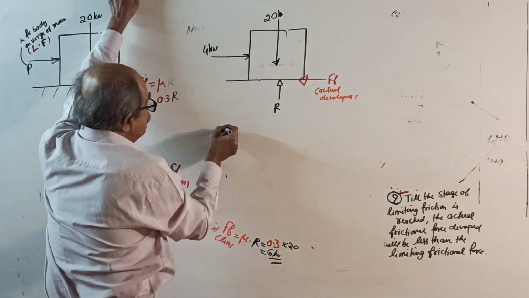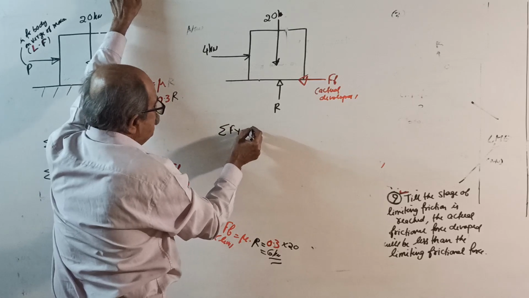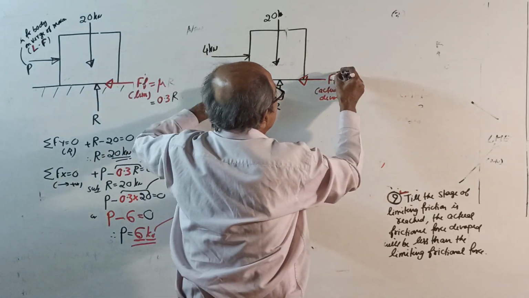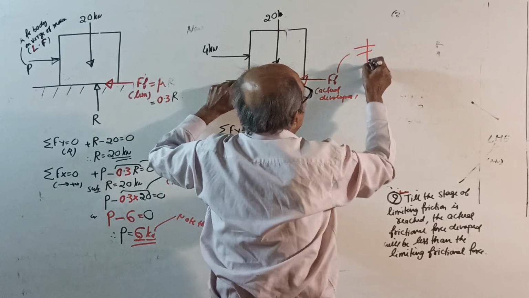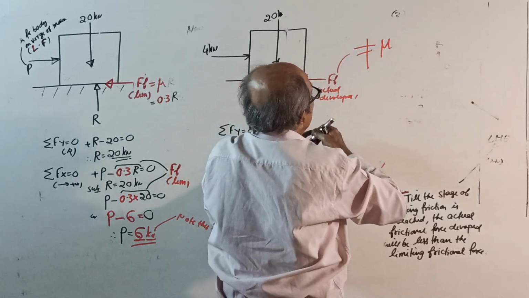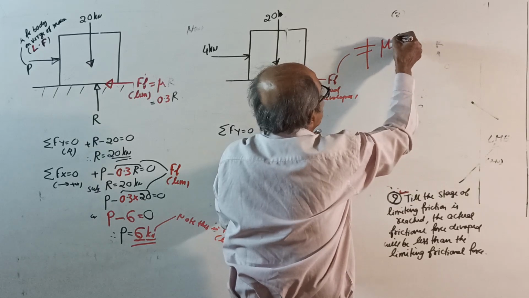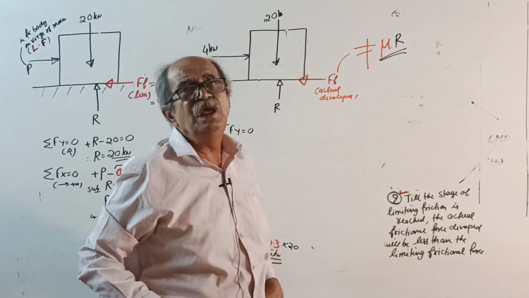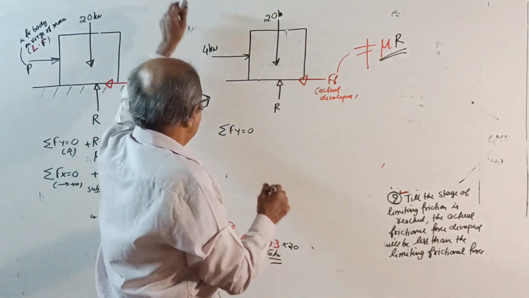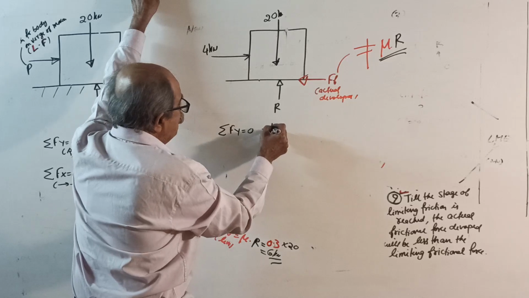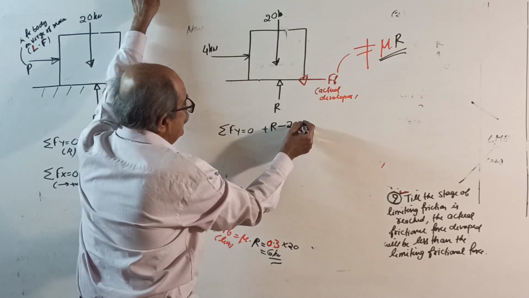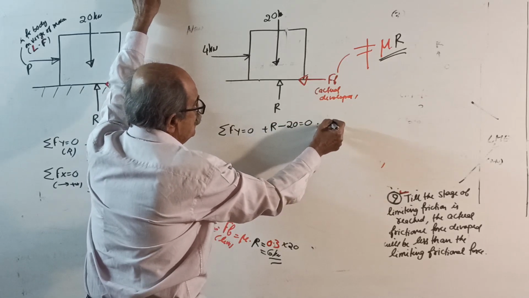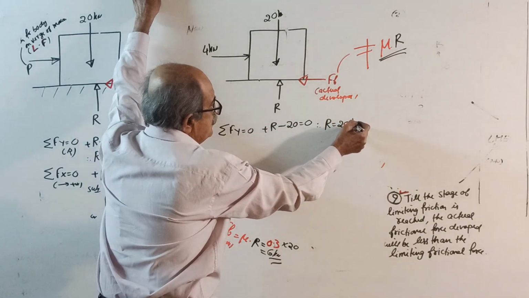This is not equal to mu R. This is wrong. You can take FF equal to mu R only when the limiting case comes. So sigma Fy equals 0, upward positive: plus R minus 20 equals 0. Therefore, your R will come 20 kilonewton.